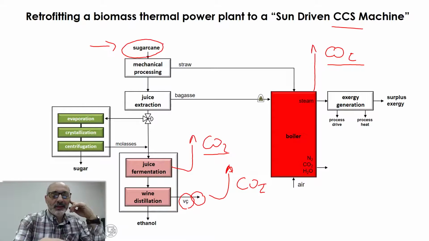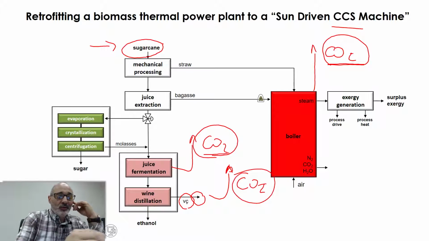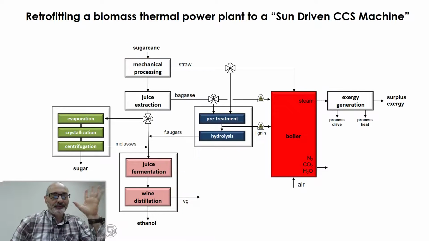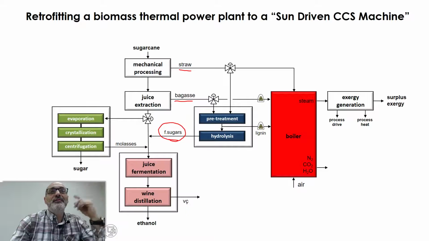So the idea is, instead of emitting this CO2, which came from the atmosphere because it was fixed by the plant, to capture it. We're going to get rid of the stack and so on. So what do we need to do? First, we can add a second generation processing pathway, so we can divert some amount of straw and or some amount of bagasse in order to produce sugars capable of being fermented.